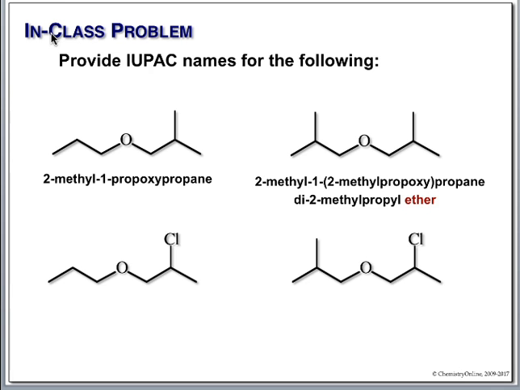They both have the same number of carbons, but this one has a side chain. So this is going to be our parent here, a 2-chloropropane. And to this, we simply have attached a 1-propoxy. Chloro is going to come first in the name, then propoxy. And it would look something like that. 2-chloro, 1-propoxy propane.